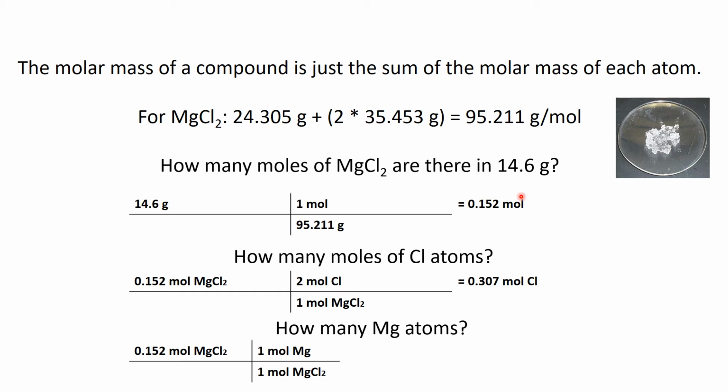So 1 mole of magnesium chloride is the same as saying I have 1 mole of magnesium. And then I convert that into magnesium atoms. 1 mole of magnesium is just 6.022 times 10 to the 23rd atoms. That's equal to 9.15 times 10 to the 22 atoms of magnesium.